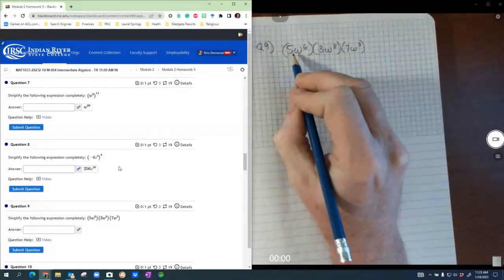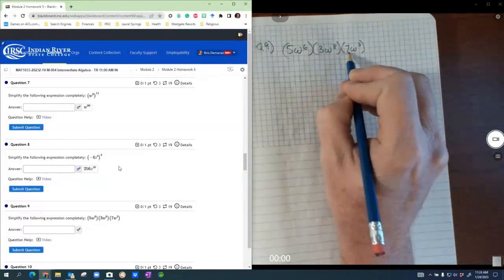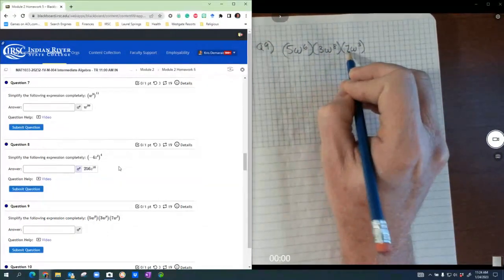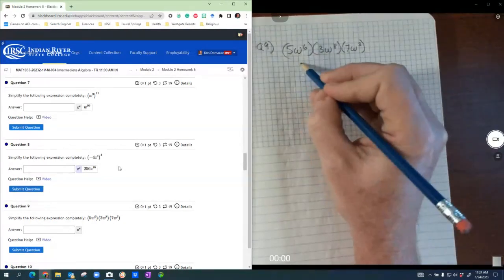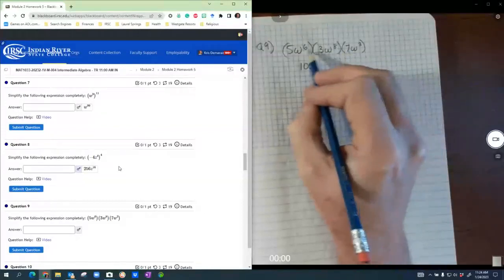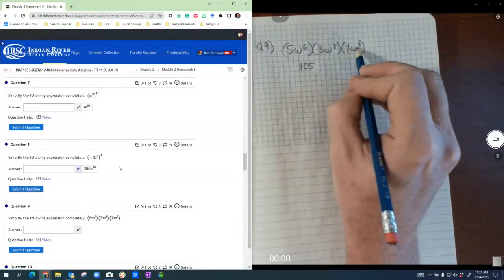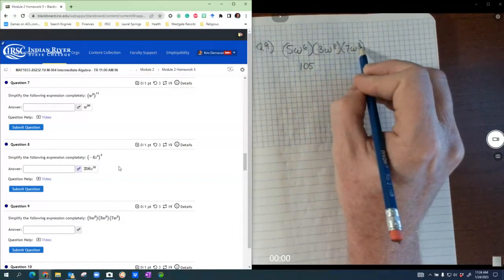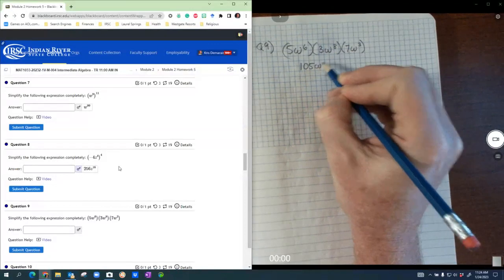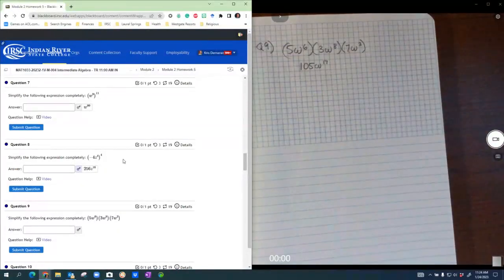Now, since we're multiplying all these together, we can multiply 5 times 3 times 7. 3 times 7 is 21, 21 times 5 is 105. And then we do 6 plus 8 plus 3. 8 plus 3 is 11, 11 plus 6 is 17. So we get w to the 17th power.